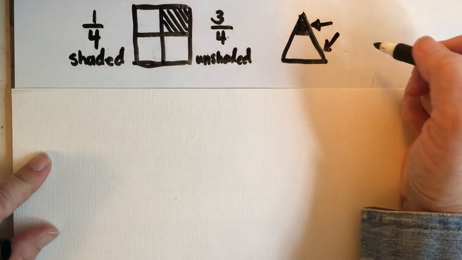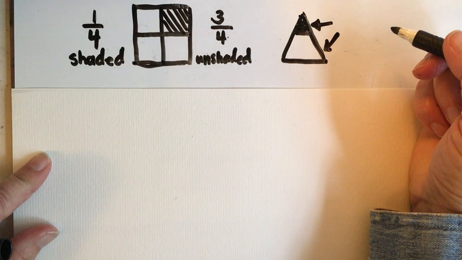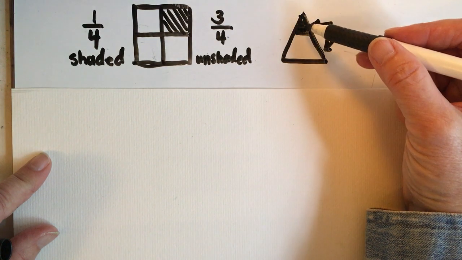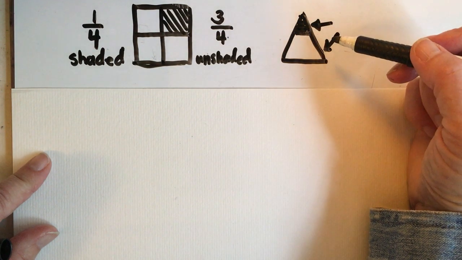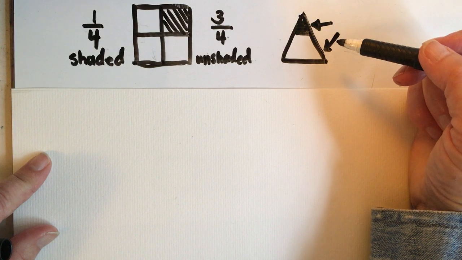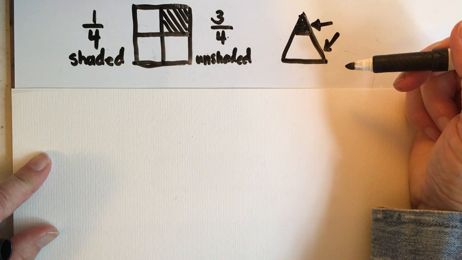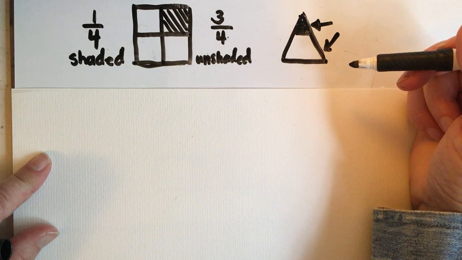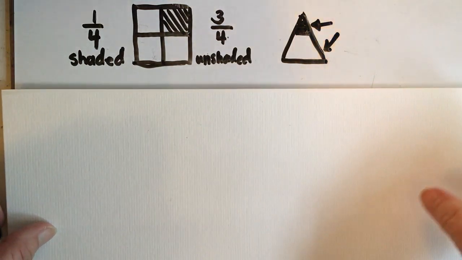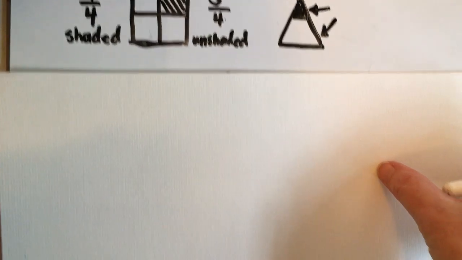Those 2 parts are not the same size, so I can't use 1/2 to name that fraction. So I just have to say the top point of that triangle is shaded in. I can't use a fraction to say it. I can just say part of that triangle is shaded.